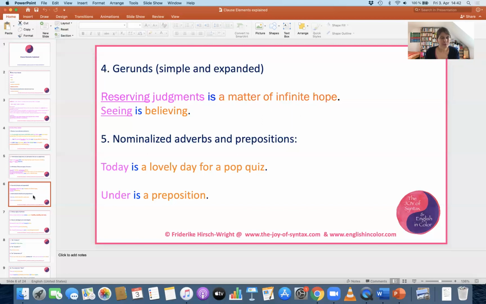So reserving judgments is a matter of infinite hope. That's also from the Great Gatsby. Seeing is believing. Okay, those are two examples of gerunds, and we see that a gerund can also govern its own little object or what have you, and in this case, it governs the object judgments.